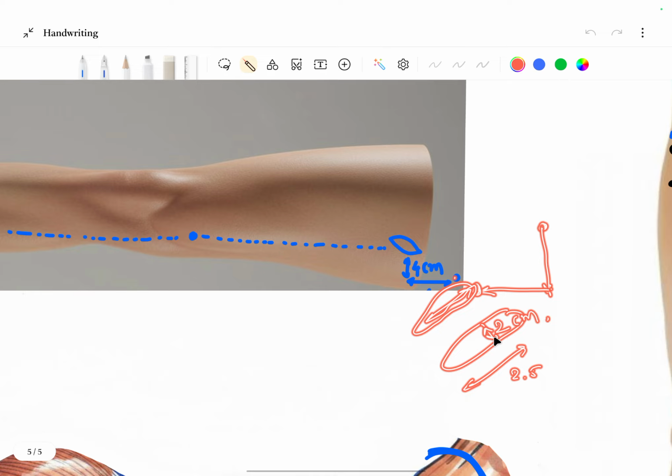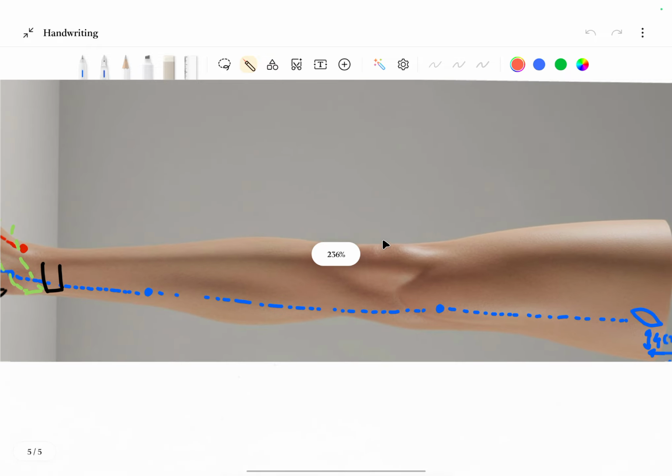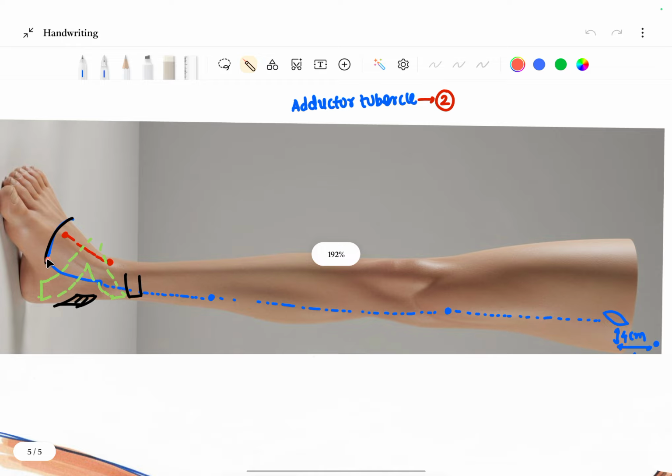This is how your saphenous opening is located. It will be your fifth point. Here are points 1, 2, 3, 4 and 5; by joining these points, you get your great saphenous vein.